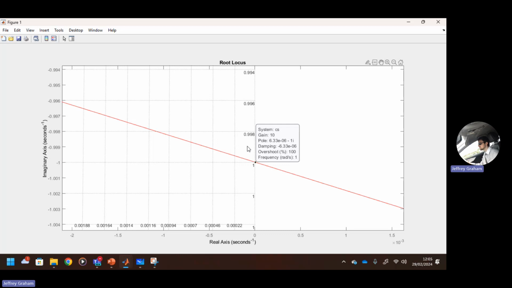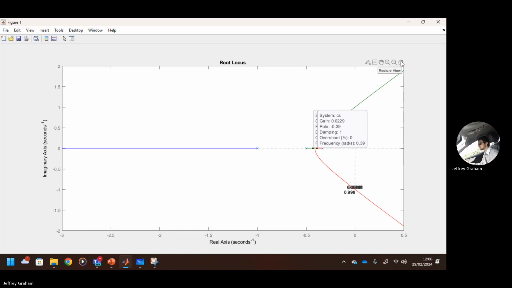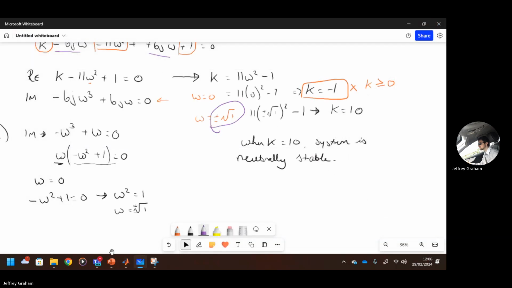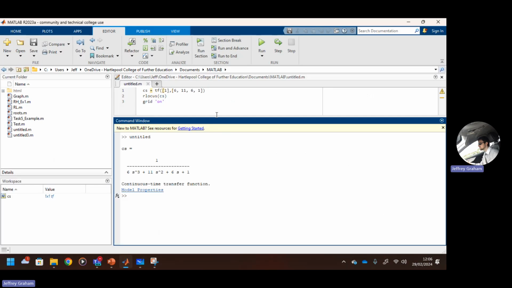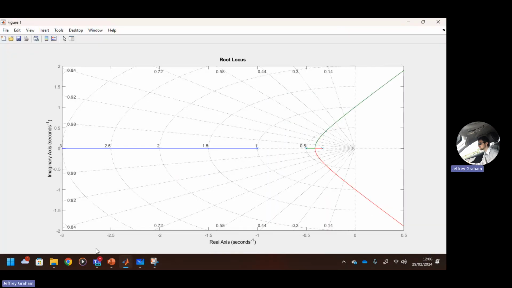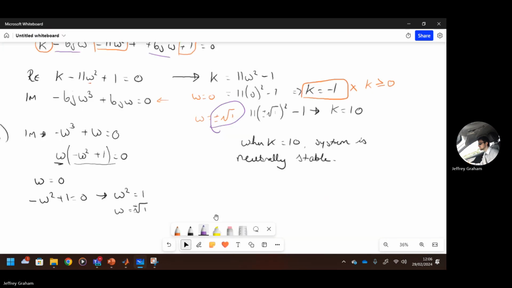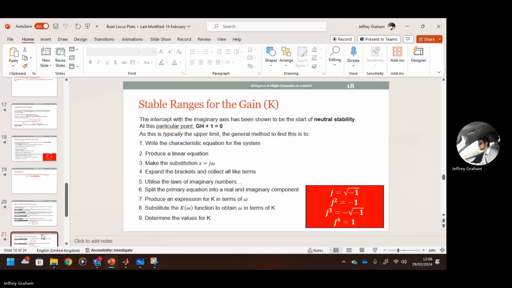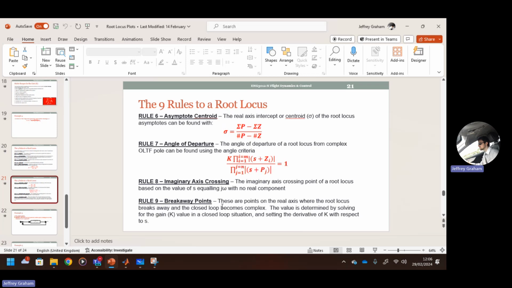Which leaves us rule number 9 to finish off. I'll just replot that for simplicity, right? Rule 9. There are points on the real axis where the root locus breaks away and basically become complex.